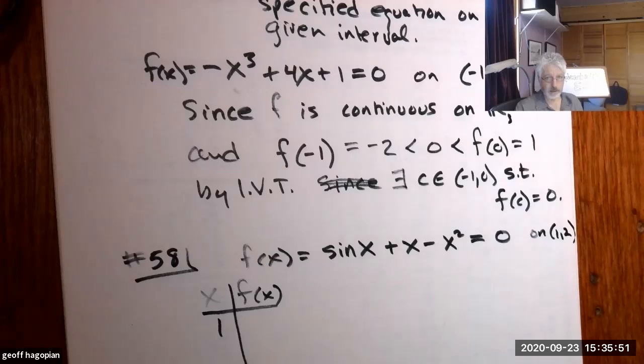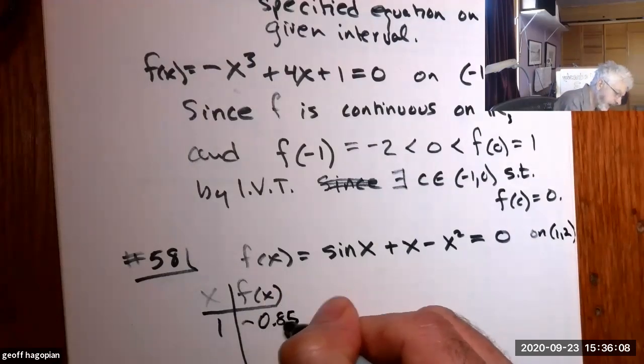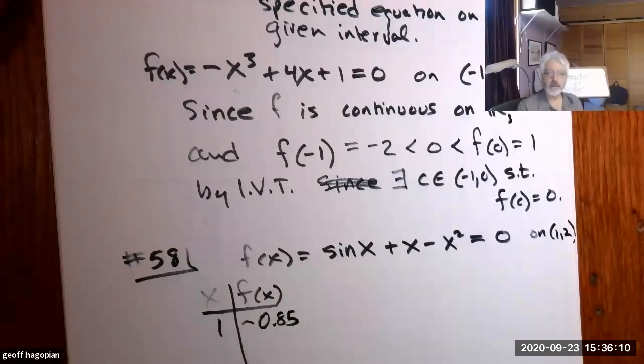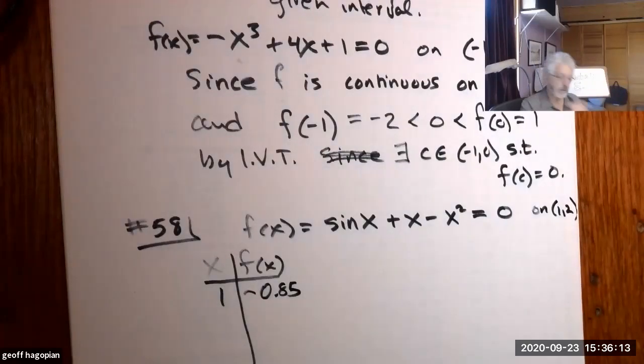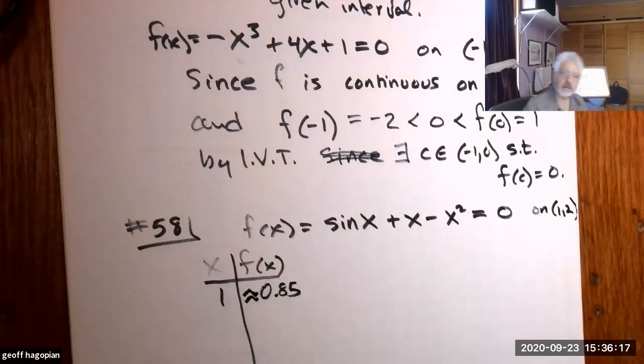Sine of 1 is going to be less than 0.866, so I'm going to say about 0.85, just a wild guess. And then 1 minus 1 is going to be 0. So this is approximately 0.85. Maybe I'm off a little, but the idea is it's positive. This is not a negative sign. This is an approximation. So that's approximately 0.85. How about at 2?